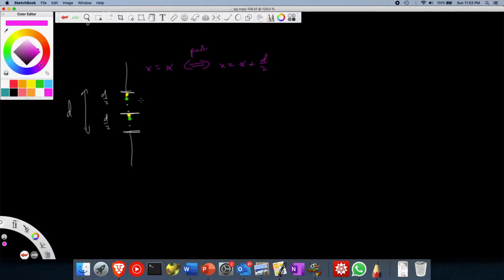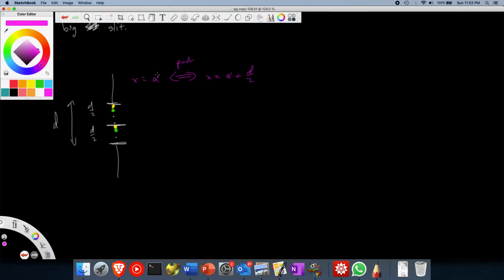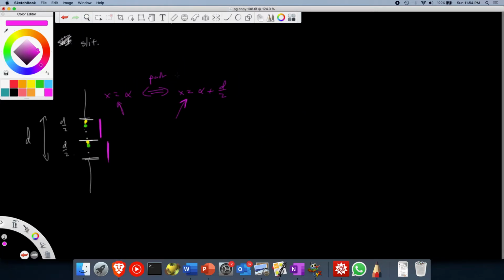What this means is that this pairing will later impose a condition to say that if this source destructively interferes with this source, then they effectively cancel each other out, right? And once they cancel each other out, if we do this pairing for all the sources, then if the entire top section destructively interferes with the entire bottom section, because we formed the pairing, that means all the light, when they all add together, they all destructively interfere. So what is the condition for destructive interference in this particular pairing?